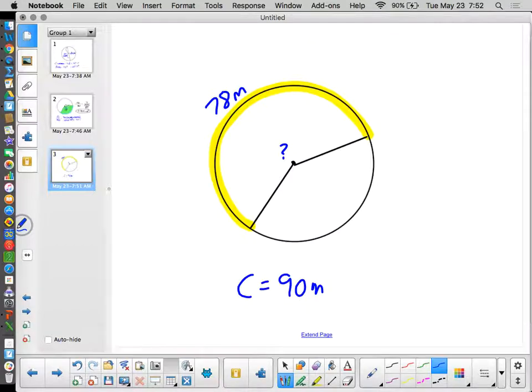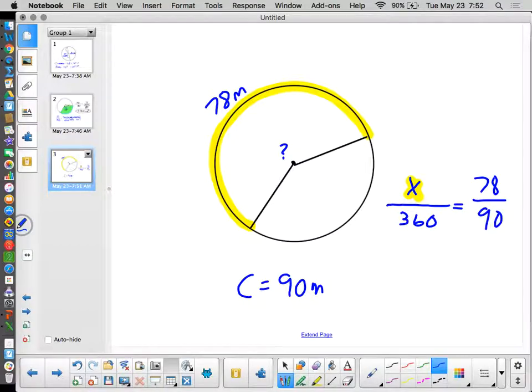But we still set up the same proportion because it just means we're going to put our unknown in a different spot. So the angle is unknown this time, so we'll call it x. You like x better. x over 360 equals the arc length over the circumference.